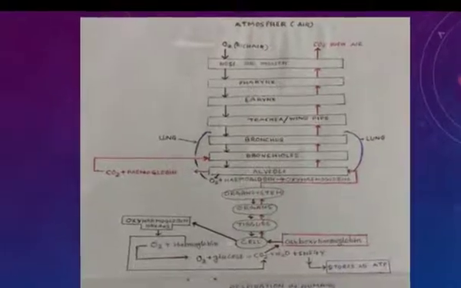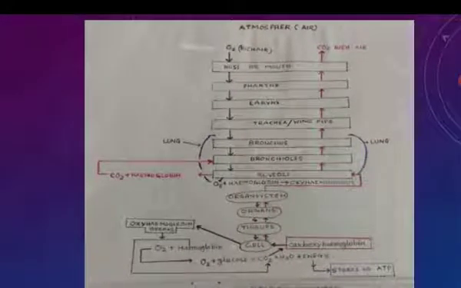Students, here I am going to explain the mechanism of how the oxygen enters, what happens inside the body after it enters, and after that how the polluted gas, or carbon dioxide-rich gas, goes outside the body.